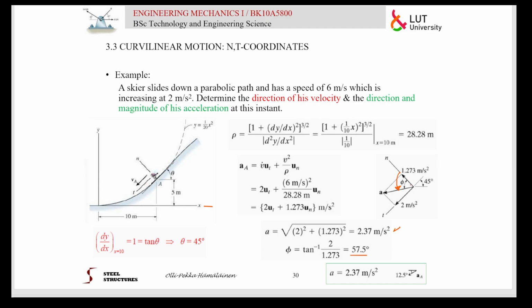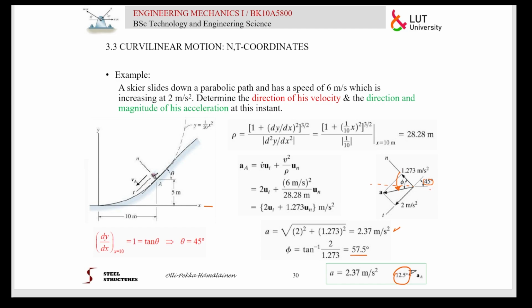Well, your horizontal axis is this one here, meaning that I have to subtract this 45 degrees from this one here to give you how much it's going to be pointing downwards. This angle that we just calculated is with respect to the normal direction or normal axis here. But if I wanted to know the angle with respect to the horizontal, then I need to subtract this 45 degrees.